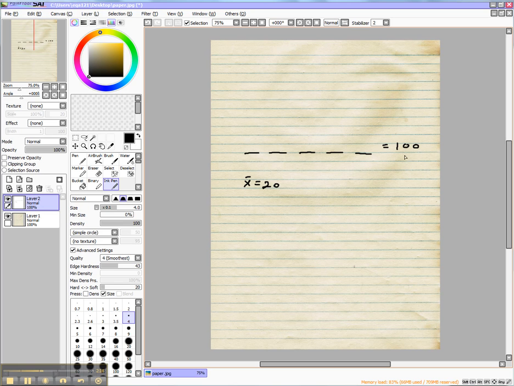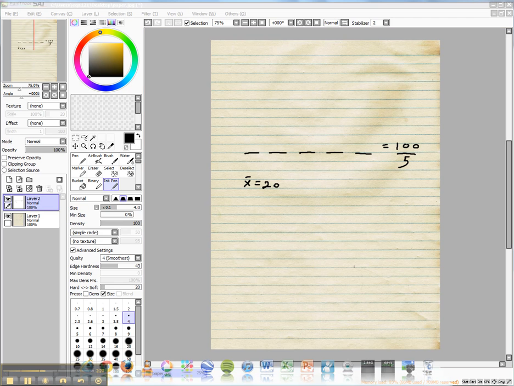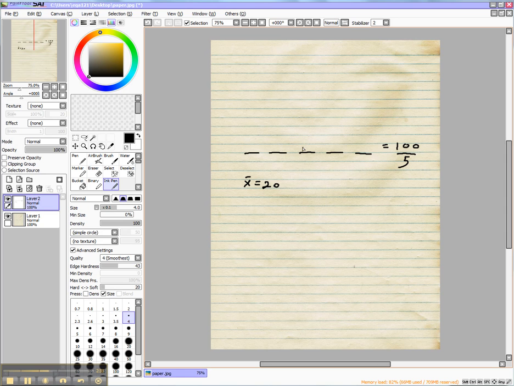Because if we divide 100 by 5, 1, 2, 3, 4, 5, it's 20, guys, it's 20. So if our mean is 20, the other average that we're supposed to have is 15. So our median is 15. If we do this, it accurately portrays what the buyer and seller are arguing.